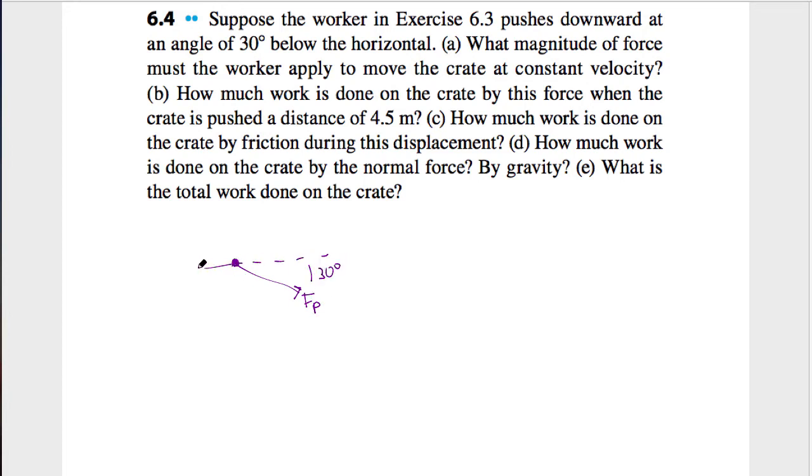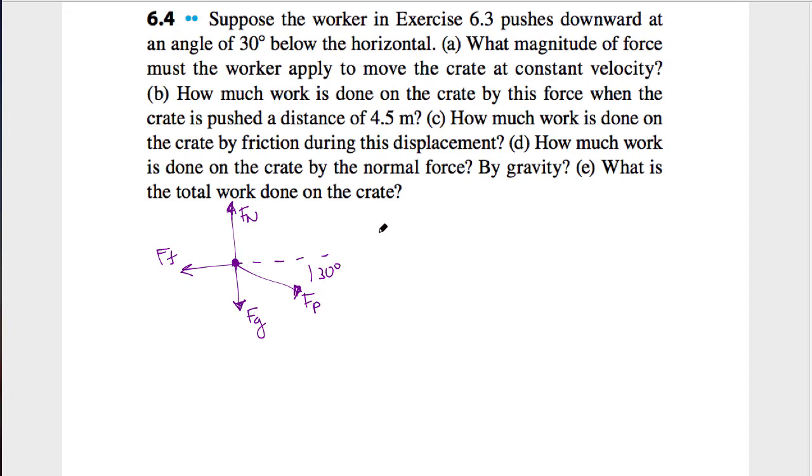Now we still have a friction force that is parallel to our surface, so it is straight to the left. We still have a normal force acting upward, and we still have a force of gravity acting downward. And if we're paying really close attention, we should hopefully know that the normal force is actually going to be larger in magnitude than the force of gravity, because it must also work to counteract this pushing force that is acting somewhat in the negative direction.